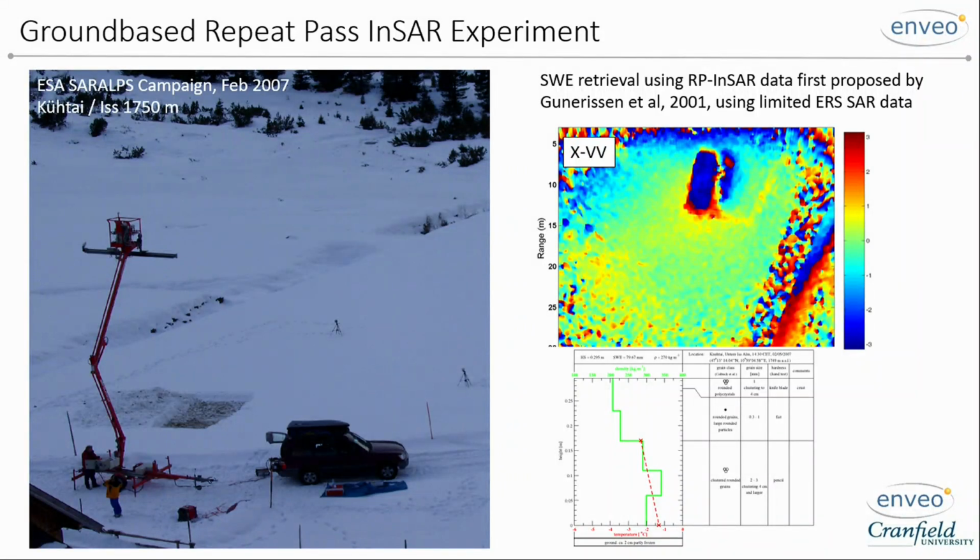At the end of a long day, when it was almost dark, we said, okay, let's test this now. This was in 2007. We went to a place just below Kühtai and did the measurement with the natural snowpack. Then we removed the snow by hand, not with a truck or whatever, and made a measurement again, and then we applied interferometry.